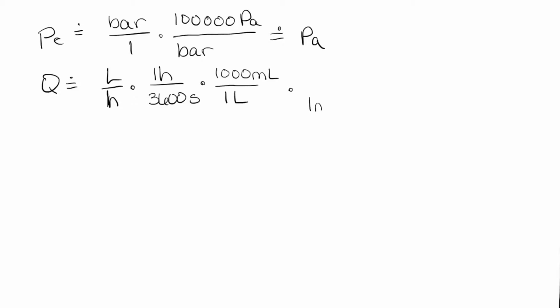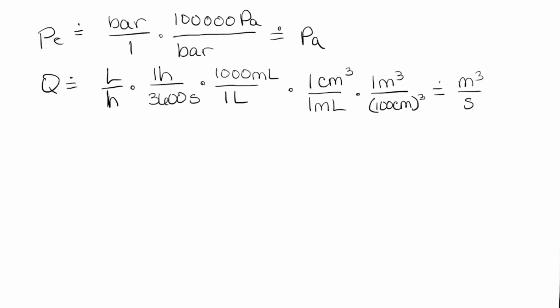And 1 milliliter is the same as 1 centimeter cubed. And 1 cubic meter is the same as saying 100 centimeters cubed. And that will give me units of meter cubed per second.